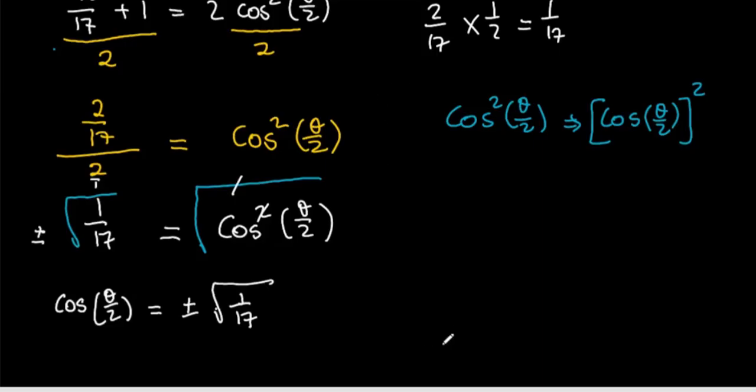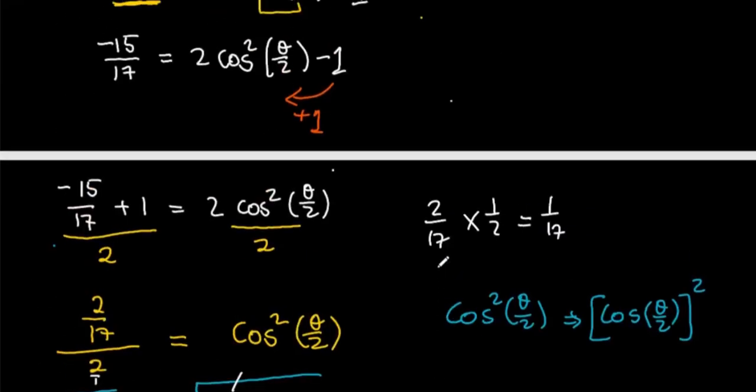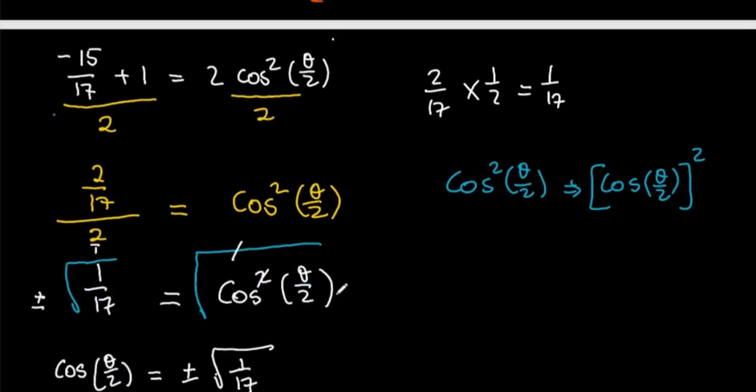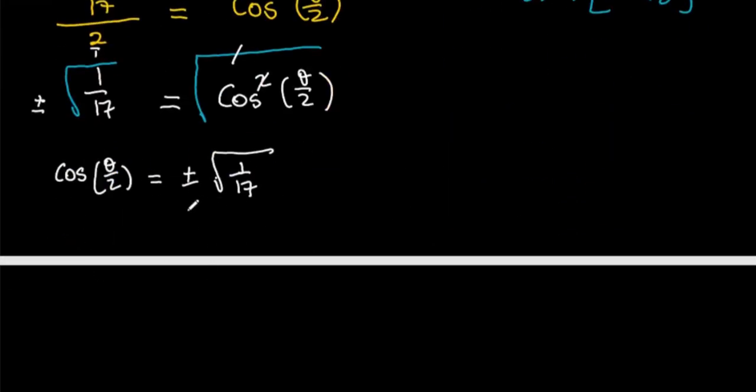If we go back to the diagram, looking at the diagram, they said that this is in quadrant 2. So since this is in quadrant 2, we need to choose: is this positive or negative?